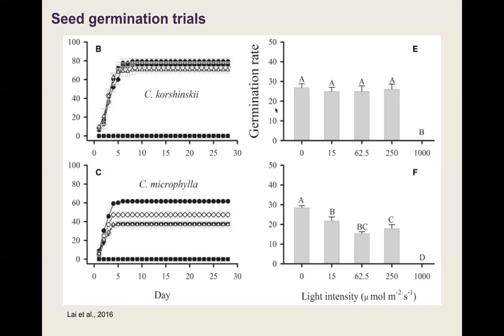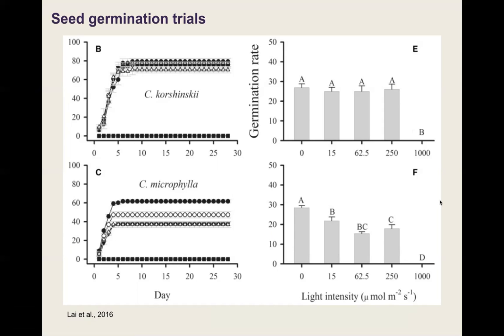And measuring light intensity, here's a case where germination rate is pretty high at low light, and at high light intensity, hardly any germination. Nicely illustrated there: a plant that would really prefer not to germinate in the light.